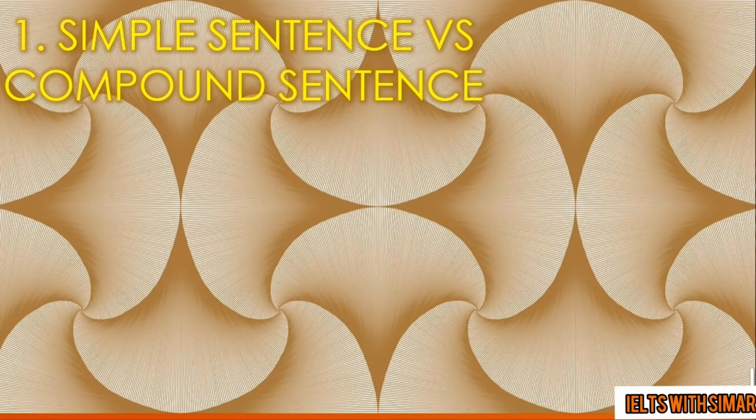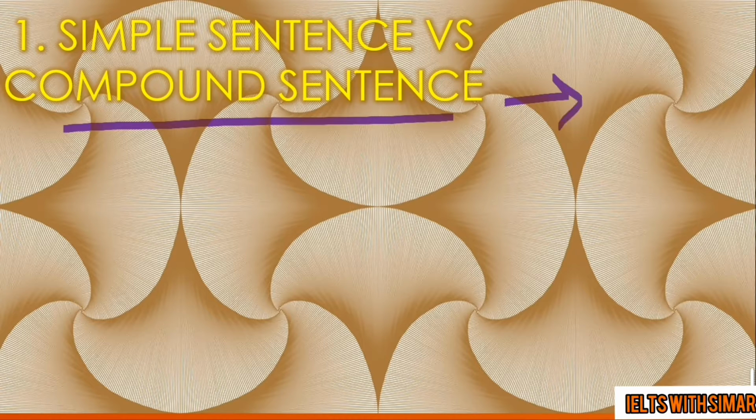Simple sentence versus compound sentence. First of all, I want to tell you that when you use compound sentences in your exam, you can get bands above 6.5. But if you use only simple sentences, you never achieve above 6. So look at what a compound sentence is.